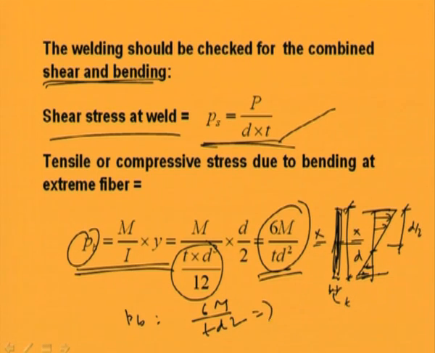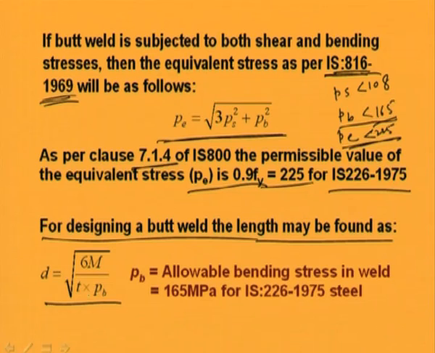Now from this I can find out d is equal to square root of 6m by t into pb, where pb is the allowable bending stress in weld, which is given as 165 MPa for this type of steel, IS 226 1975. Conforming to IS 226 1975, the allowable bending stress in the weld is given as 165 MPa.